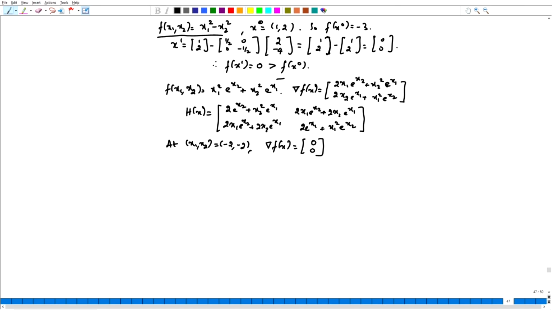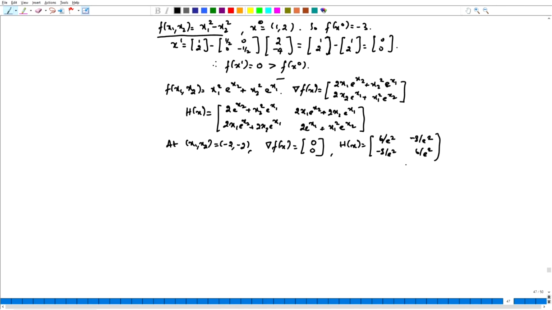But we should not stop at saying that it is a critical point, we need to analyze whether it is a local minimum, local maximum, or a saddle point. So, let us do that by checking what happens at h of x. This is 2 by e squared plus 4 by e squared, that is 6 by e squared, and this is -4 by e squared minus 4 by e squared, so -8 by e squared, this is also -8 by e squared, and this is 6 by e squared.